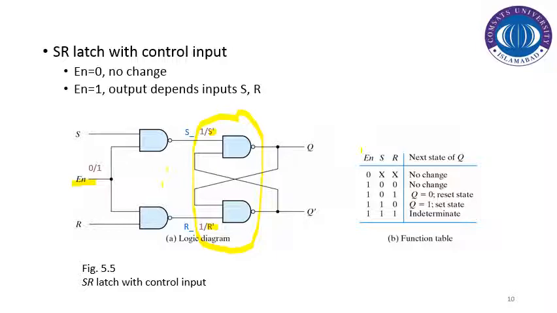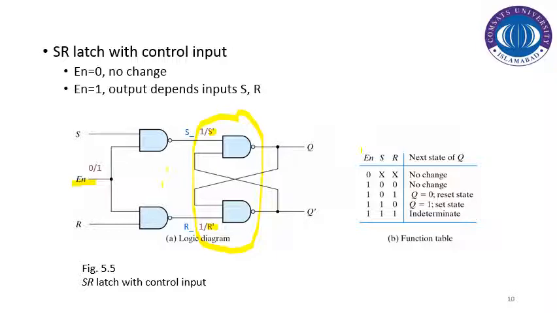So if we set the enable to 0, the latch is configured in no change state, and whatsoever the status of S and R is, the outputs are not changed with the change in S and R. In order to reflect the change in the output or to set the latch in set state or reset state, we have to enable this device, and we have to set this enable input to 1.